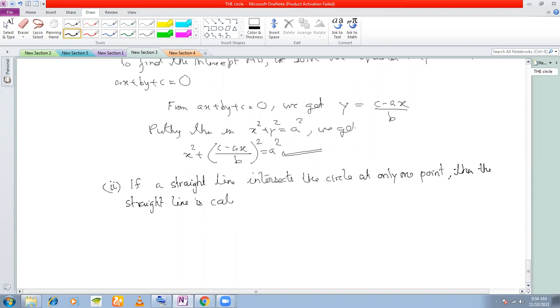It's called a tangent to the circle, and the point of intersection, that is the only point of intersection, is called the point of contact.